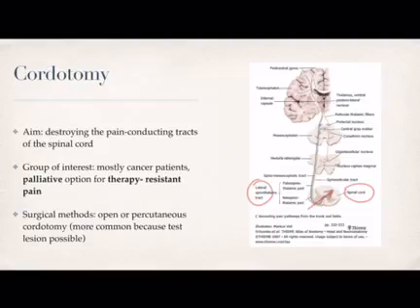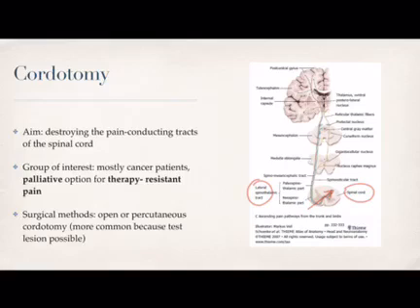As you probably know, pain is a common problem for cancer patients, and usually it is treated with opioids or steroids or other painkillers, but some cancer patients have a pain that fails all those medical management.